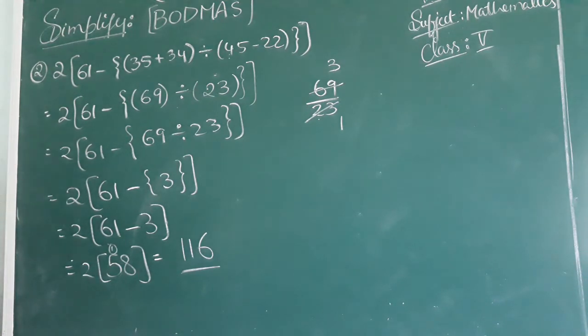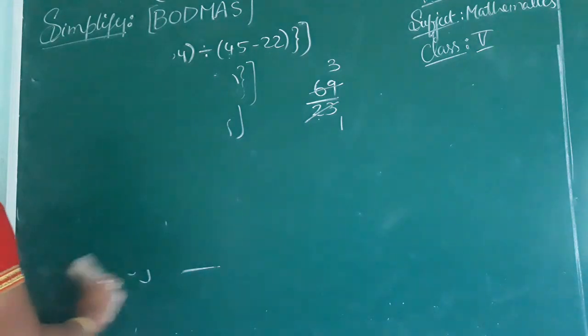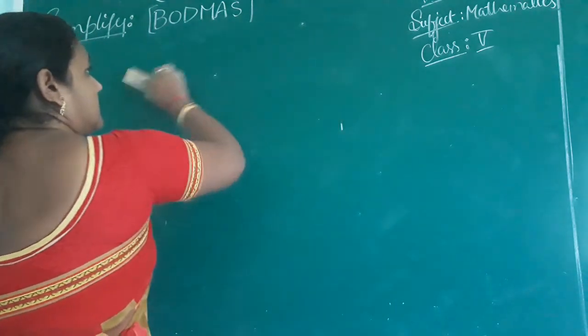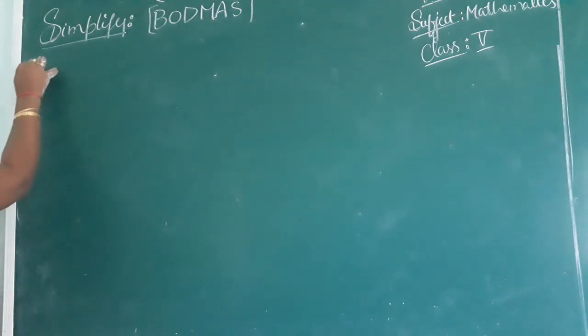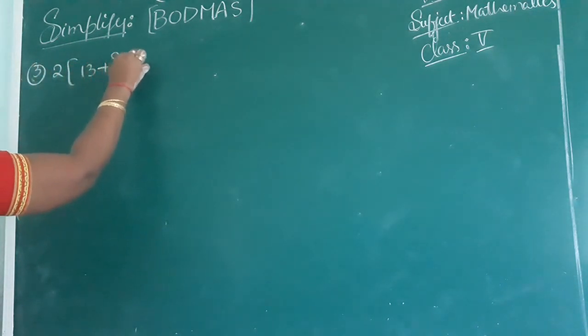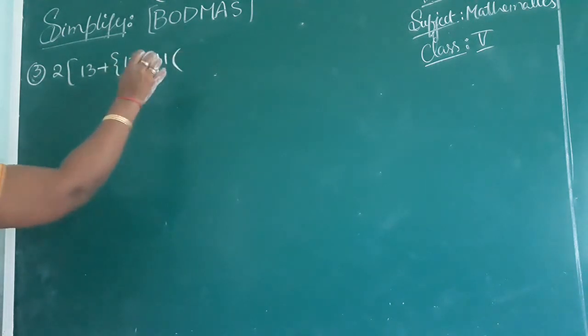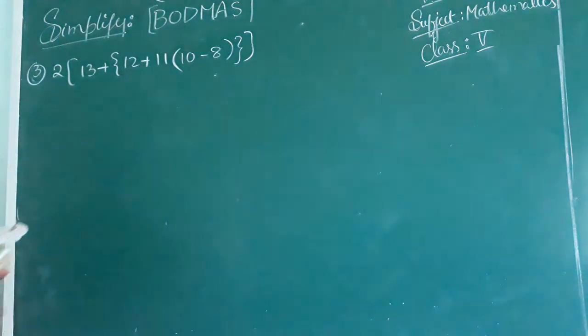Okay, see the next one, third one, children. 2 of 13 plus curly bracket start 1 plus 11 of 10 minus 8, curly bracket and then square bracket.